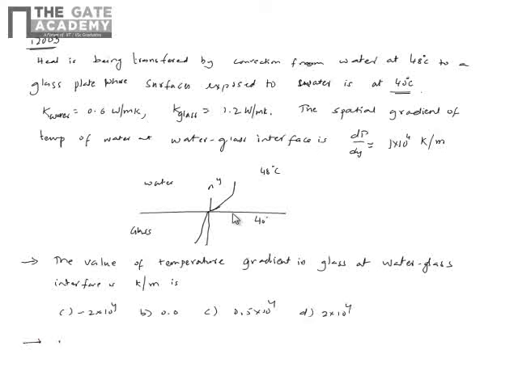So this is one part. The other part is the heat transfer coefficient h in watt per meter square Kelvin. A is 0, B is 4.8, C is 6, D is 750.